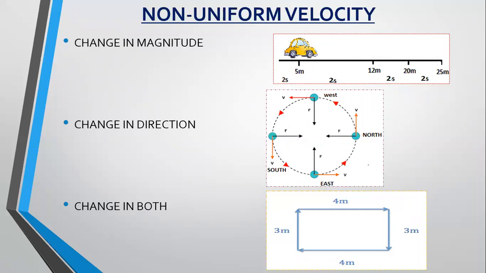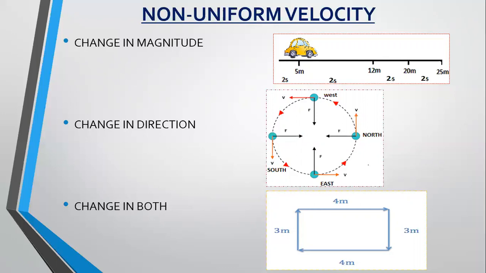For example, let's consider a stone that is tied to a thread. When you tie a stone with a thread and reel it, it will start moving in a circular path. The string will try to keep the stone moving in a circular path.